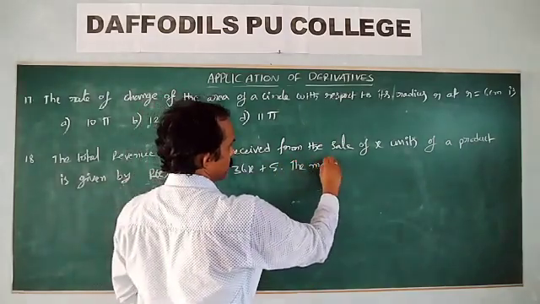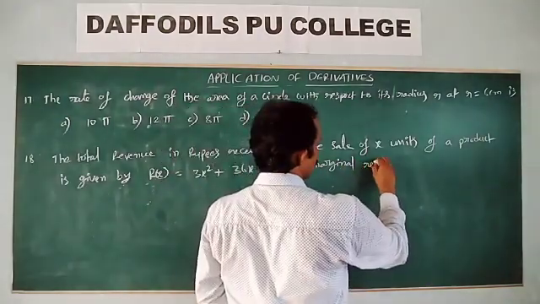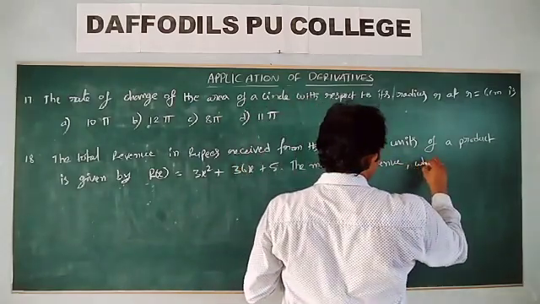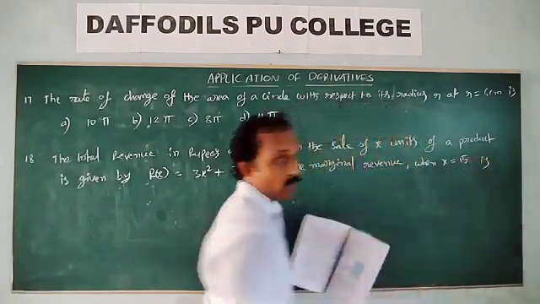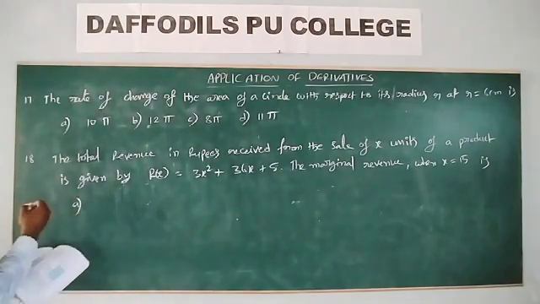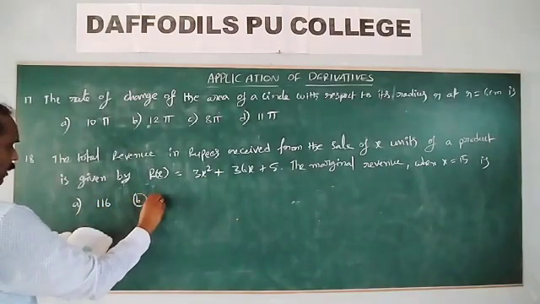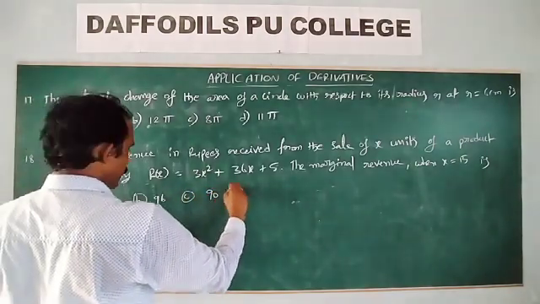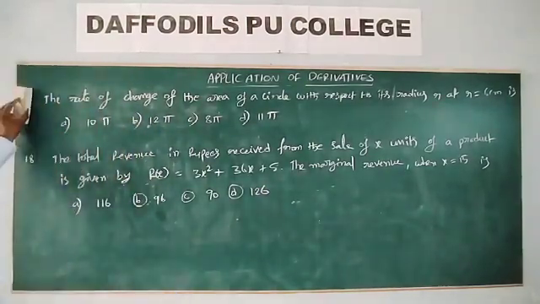The marginal revenue when x is equal to 15 is the same as the 16th problem. This is also a multiple choice question. Option A 116, option B 96, option C 19, option D 126. This is from exercise 6.1 exercise problems.